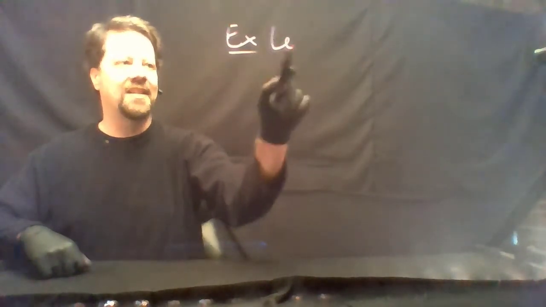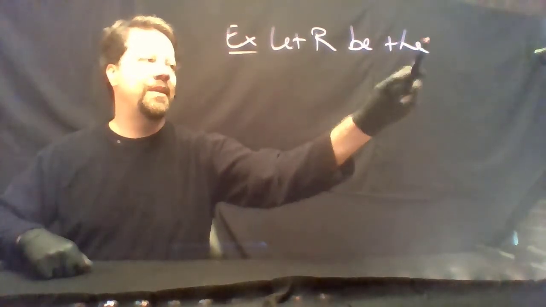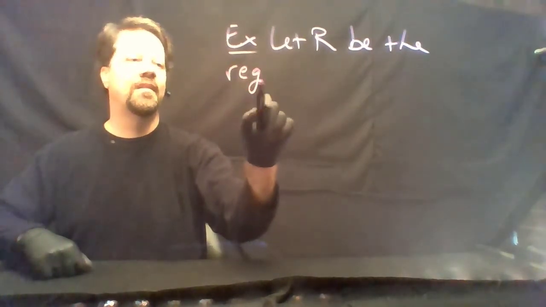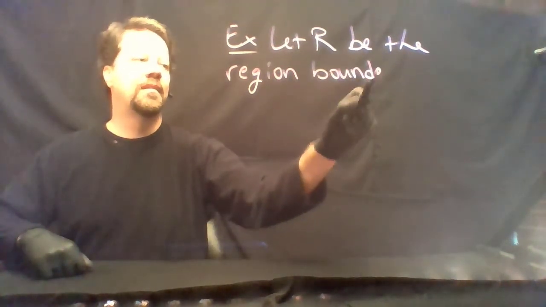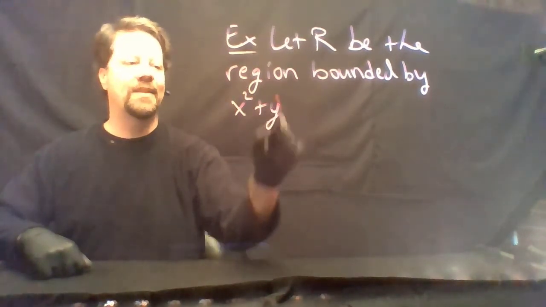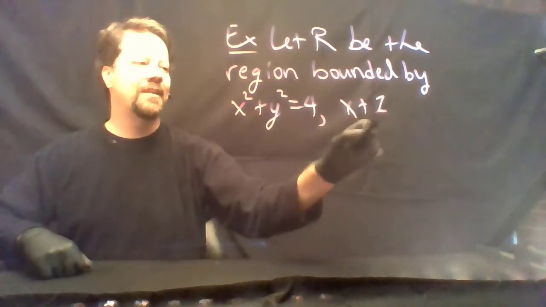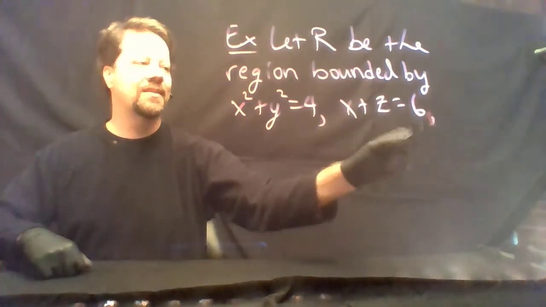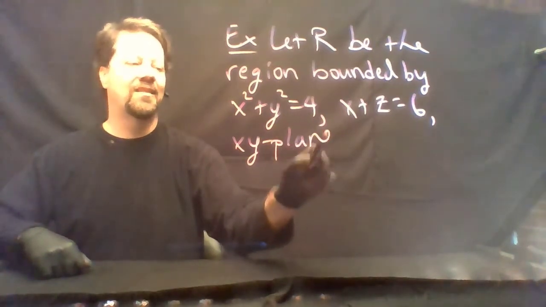In our next example, let R be the region bounded by x squared plus y squared equals 4, x plus z equals 6, and the xy plane.